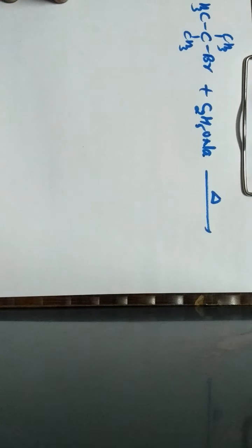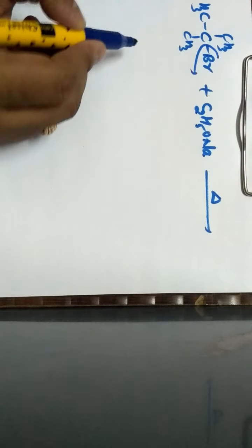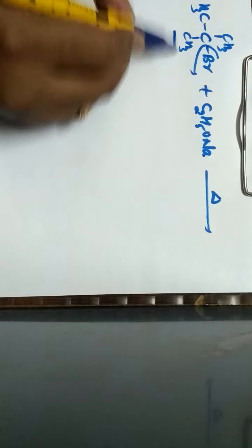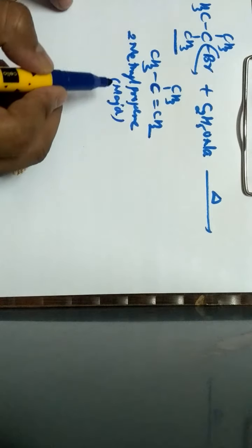When we warm the reaction, what happens? This bromo gets eliminated and one of the hydrogens from this methyl group is taken, so that I can expect CH3CCH3 with a double bond CH2. This is known as 2-methyl propene, and this 2-methyl propene will be the major product.